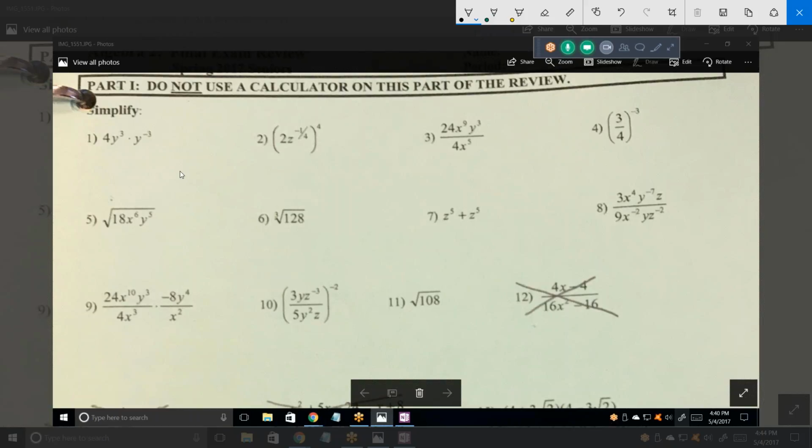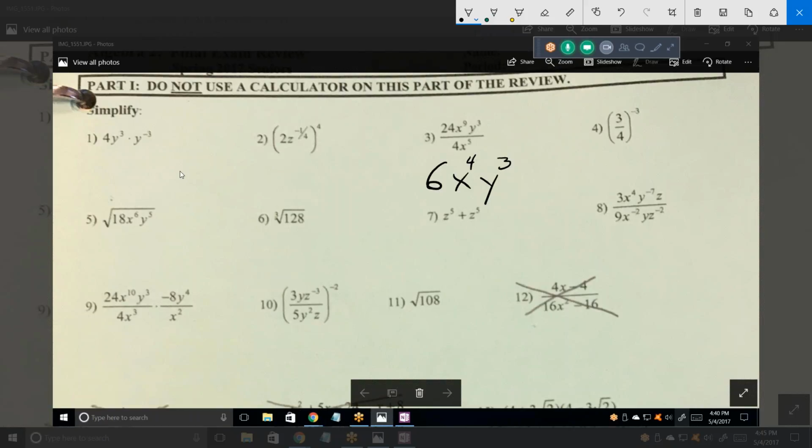We're just going to do one variable at a time. What's 24 divided by 4? 6. What's x to the 9th divided by x to the 5th? X to the 4th. And what is y to the 3rd? Just y to the 3rd. There's no y in the denominator, so we don't have to divide anything. That's your answer.